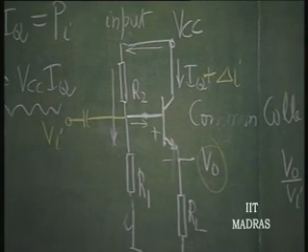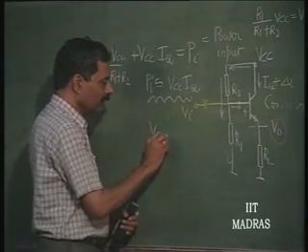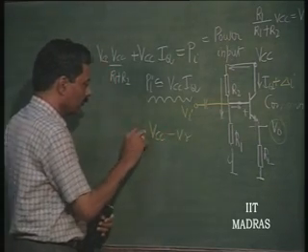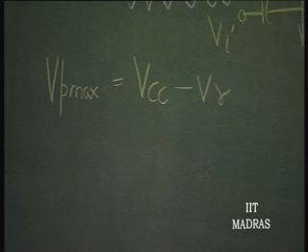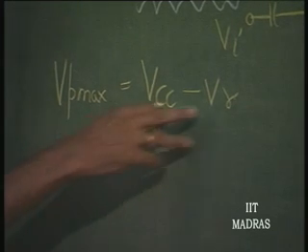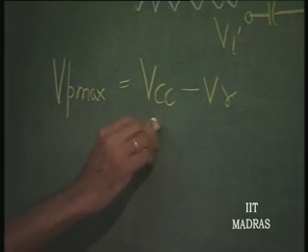If VCC is very large compared to V gamma, this is VCC itself.